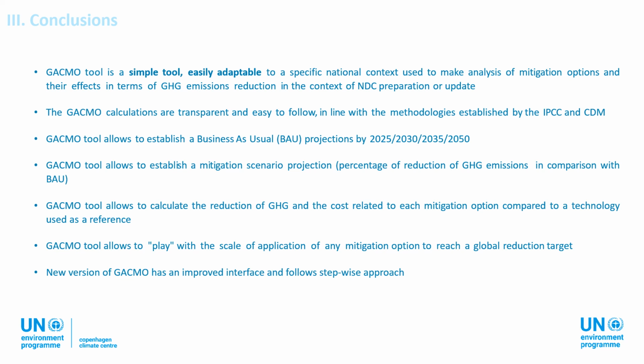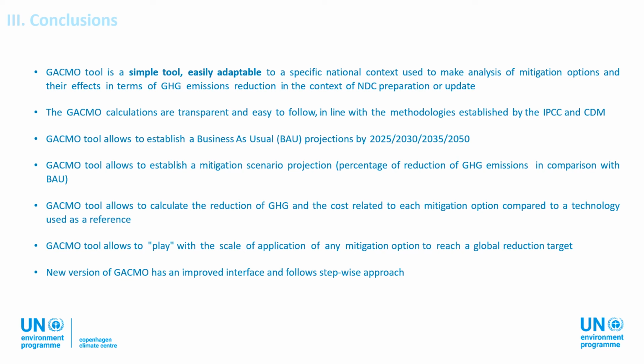The GACMO tool allows to establish a business-as-usual projections by 2025, 2030, 2035 and 2050. GACMO tool allows to establish a mitigation scenario projections, percentage of reduction of GHG emissions in comparison with the business-as-usual scenario.